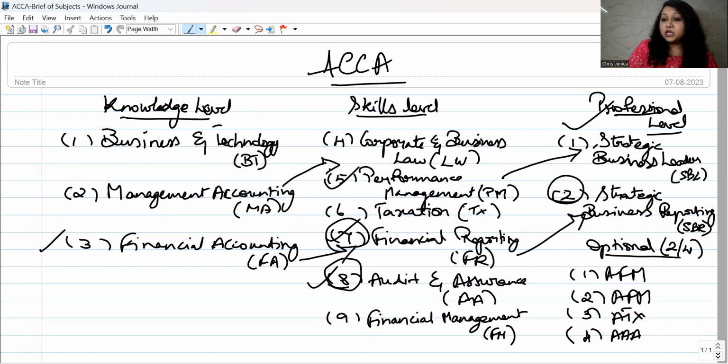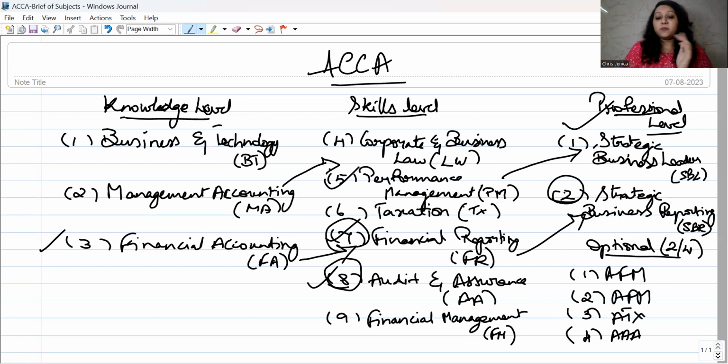Now, if you're very clear with your financial reporting paper, then it would be easier for you to understand the audit and assurance paper. Okay, so if you are taking FR as your first paper of skills level, immediately you can take audit and assurance. Otherwise, if you had taken the MA paper as your last paper of knowledge level and you have chosen PM as your first paper of skills level now.